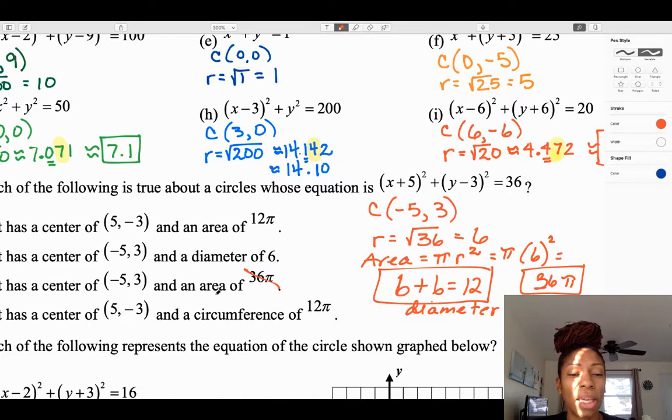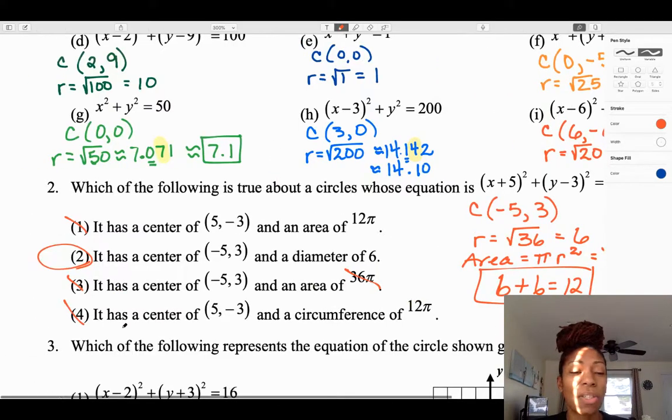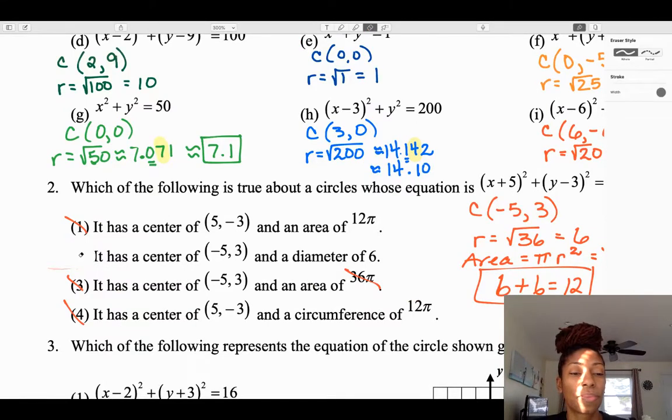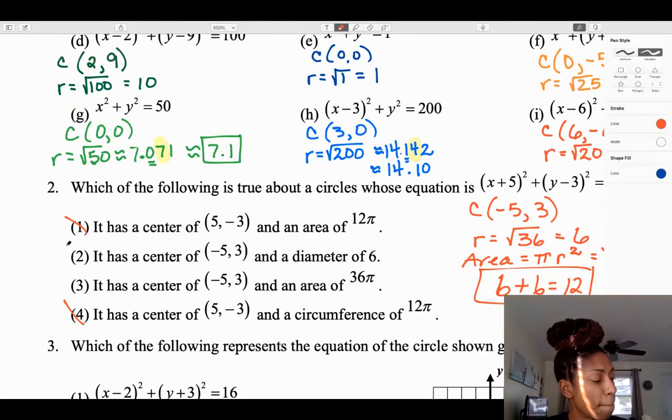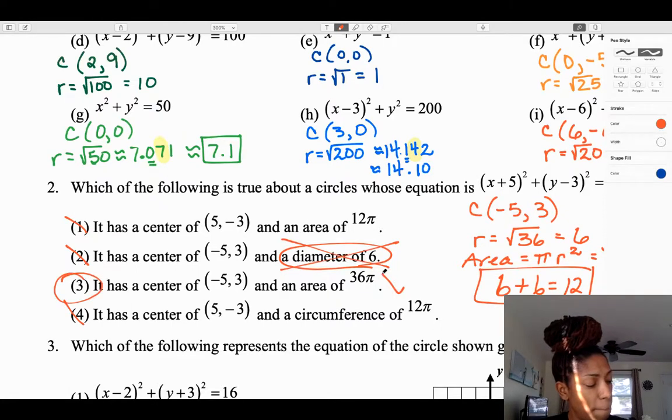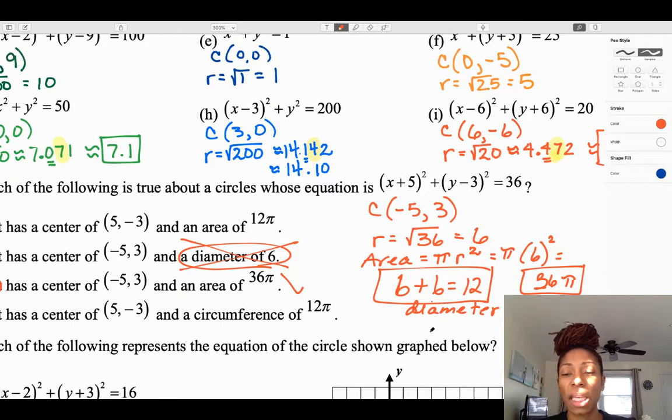Area, diameter, area, circumference. Huh. So the answer is actually not choice 2. The answer is actually choice 3. And then you definitely want to show your work by showing that you got the area, which is 36 pi.